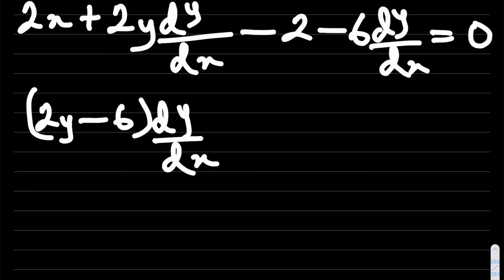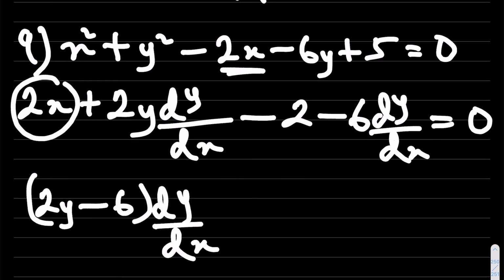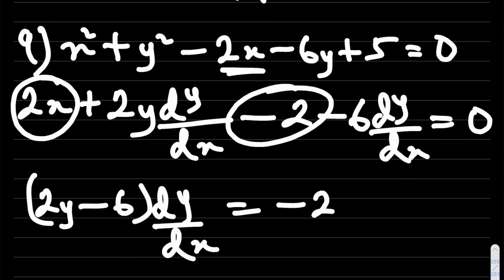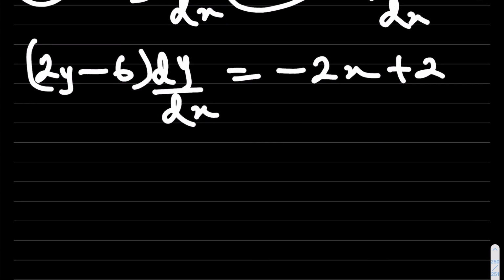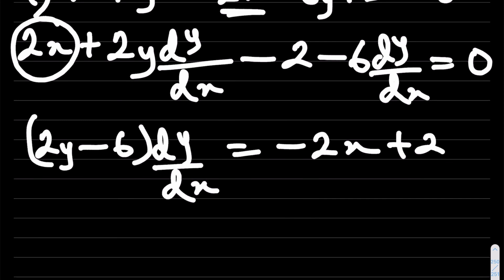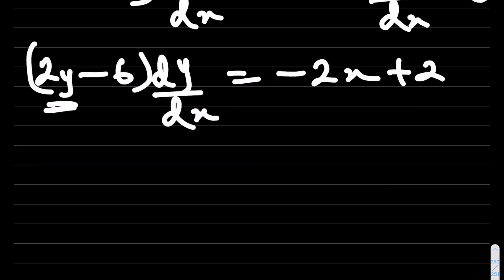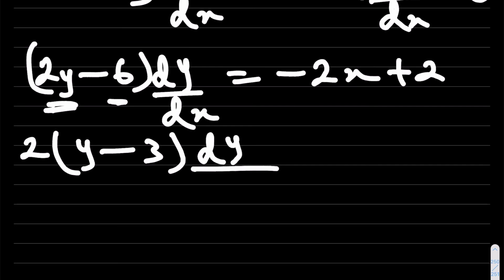Plus, when I write that, I can move 2x minus 2 to the right hand side, and that becomes minus 2x plus 2. Now 2 is common to 2y and minus 6, so I can write it as 2 into bracket y minus 3, dy dx, equals 2, which is also common to the two terms on the right hand side.